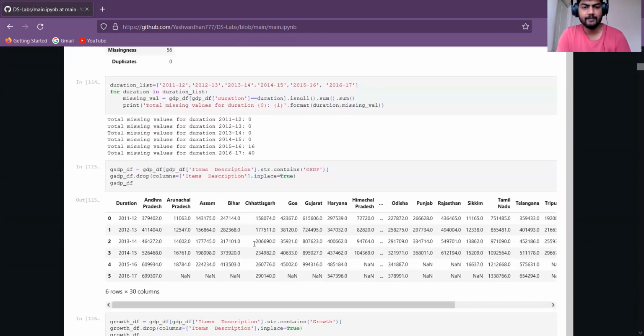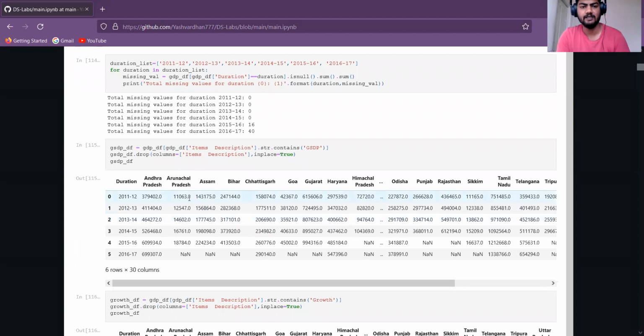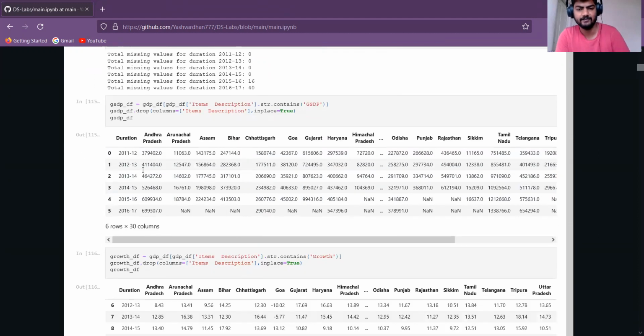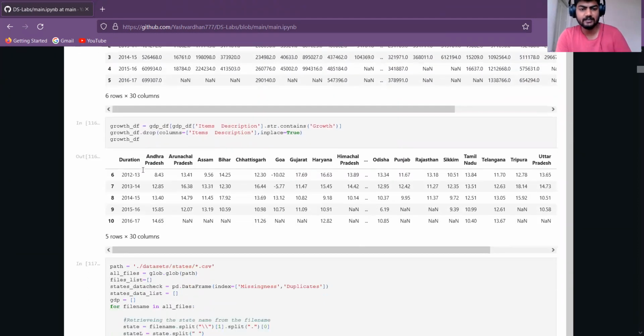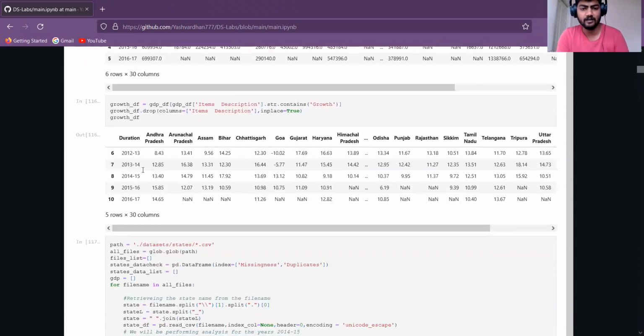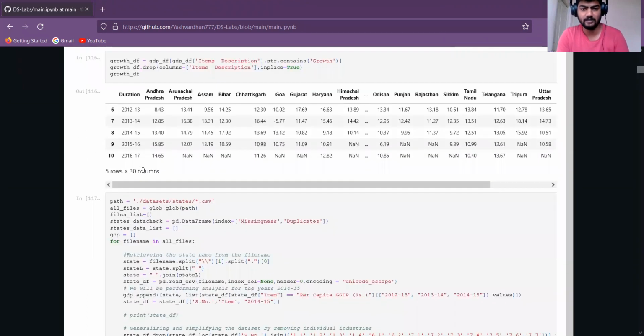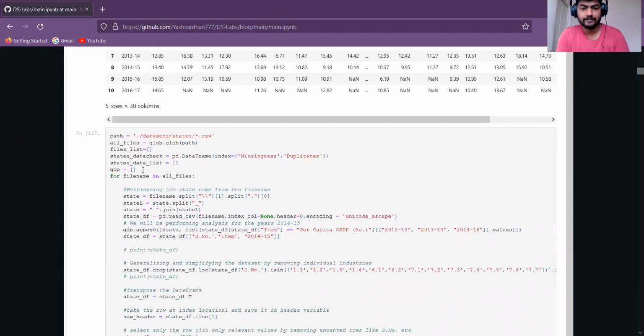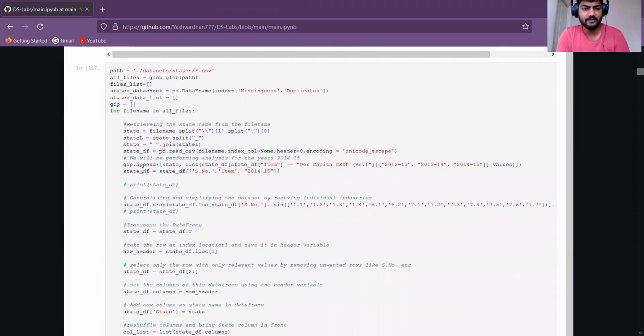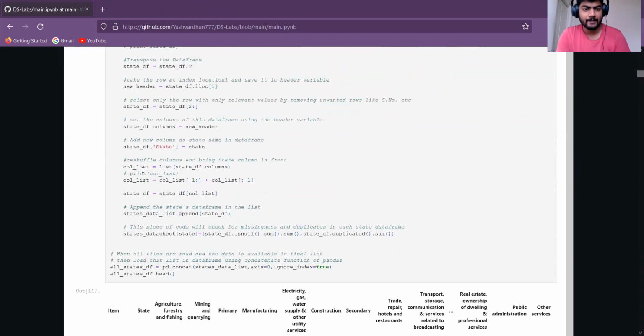These are the details of GDP and GDP percentage for each of the states. These are the data frames explaining each of the GDP and GDP percentage. Then we found the missing values and removed them using this code.